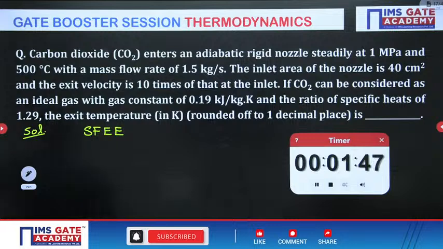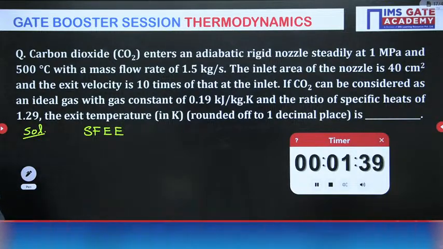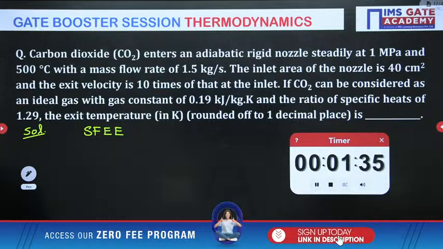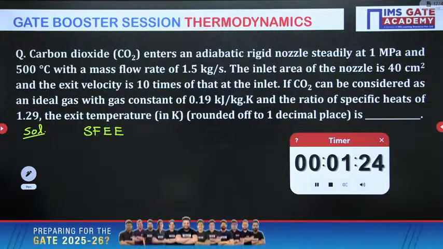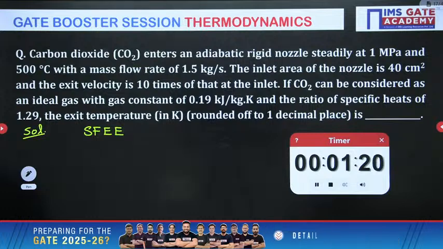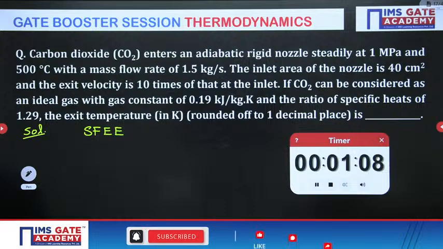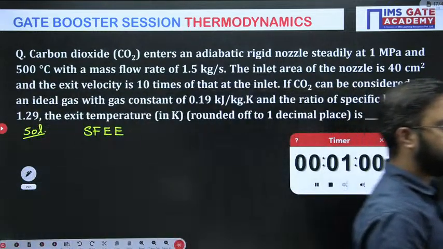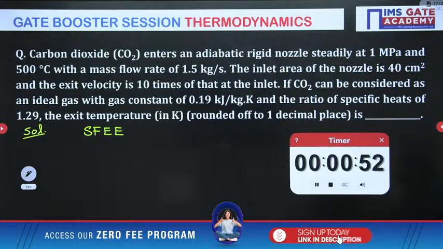Last 2 minutes, everyone. Last 1 minute, everyone. You have to use steady flow energy equation.